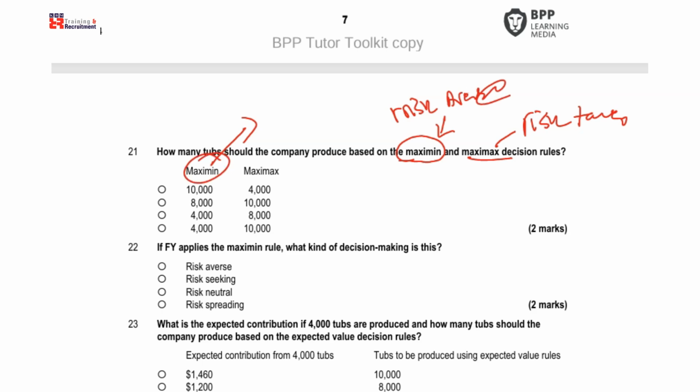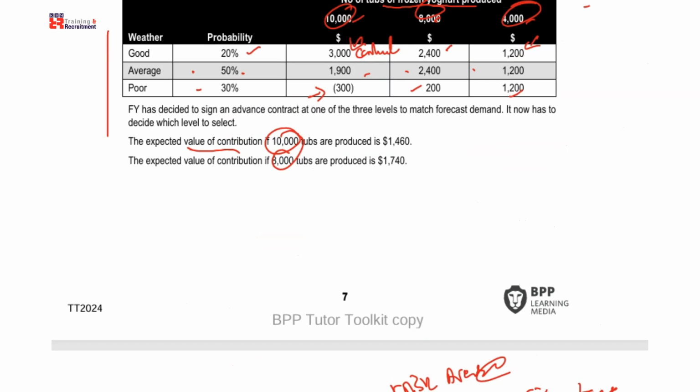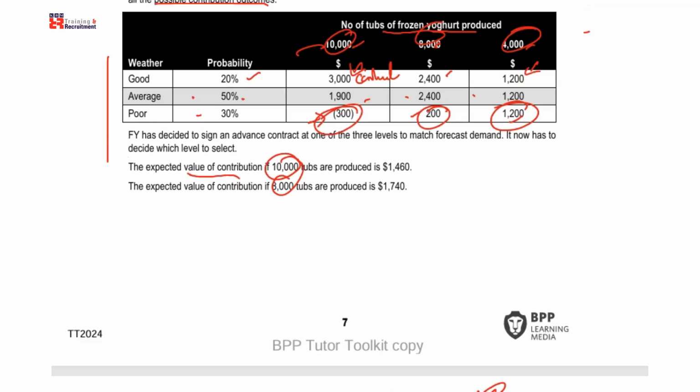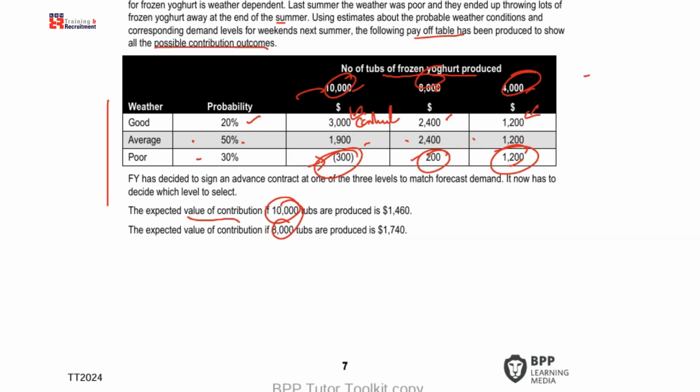Maximizing the minimum contribution. Can you go to the contribution list? At 10,000, the worst outcome is 300, 200 and 1,200. This is my poor worst outcome. Out of this, which one is giving you the maximum contribution?